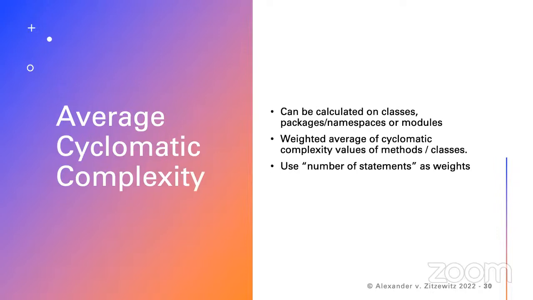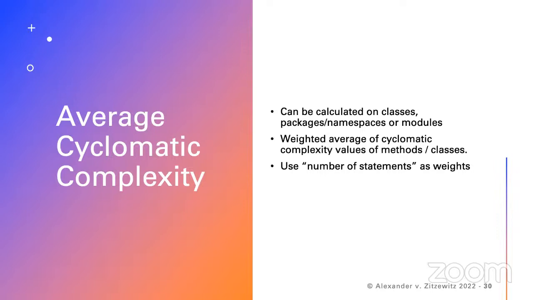Then, of course, you can average the complexity. So far this measures complexity for a single function or method. Of course, what you want to know at the end is how complex are my classes, or how complex are my packages. For that, you can create weighted averages, which are better than just a normal average. To justify that, think about a class that has one very long and complex method and 100 setters and getters.